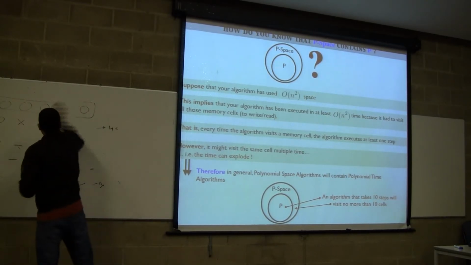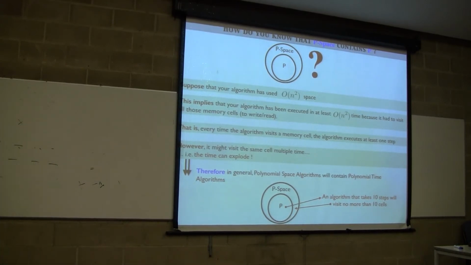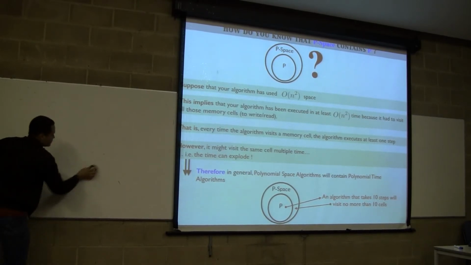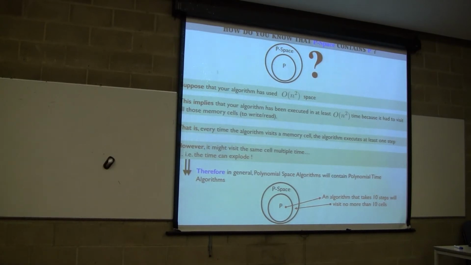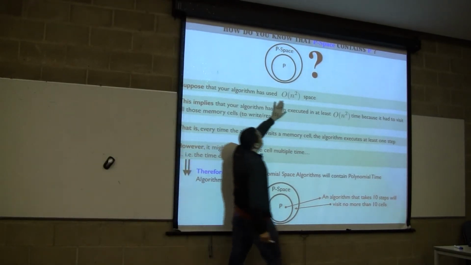So suppose you've come up with an algorithm, and you realize that basically it uses O(n squared) space.